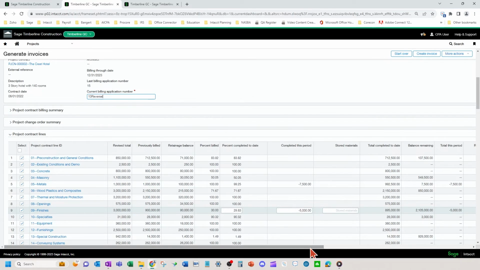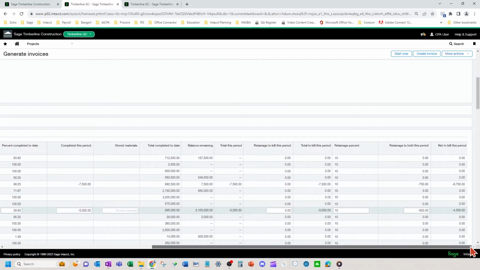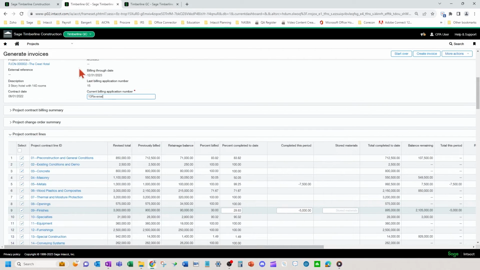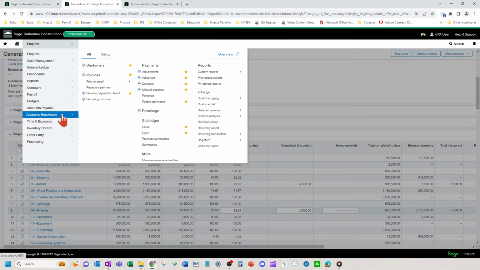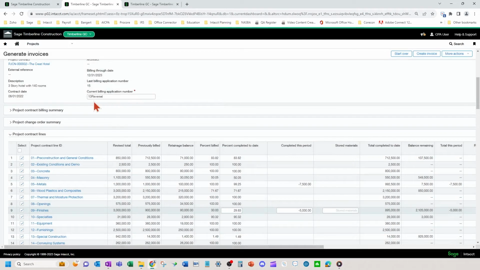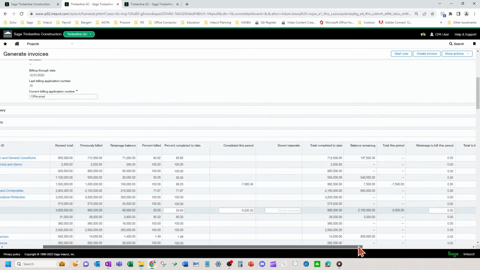And then when you receive the payment in the accounts receivable for application 13, you would pick application 13 and application 13 reversal so that it would net to what they actually paid you.